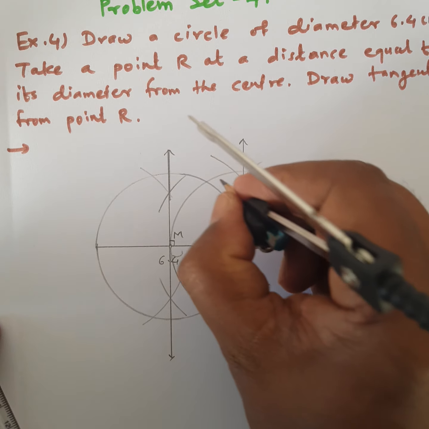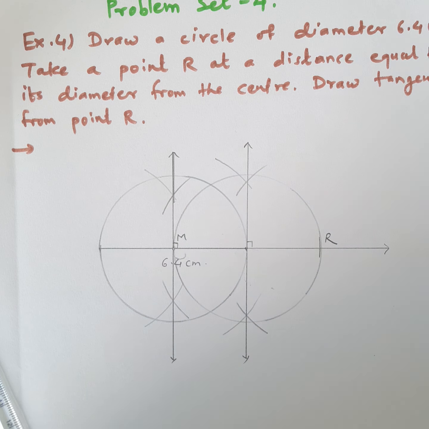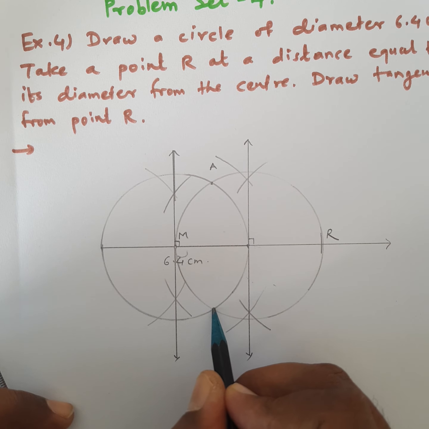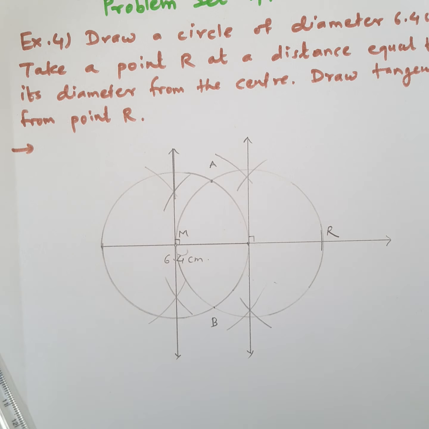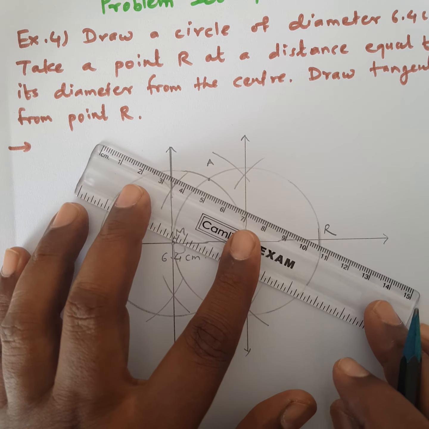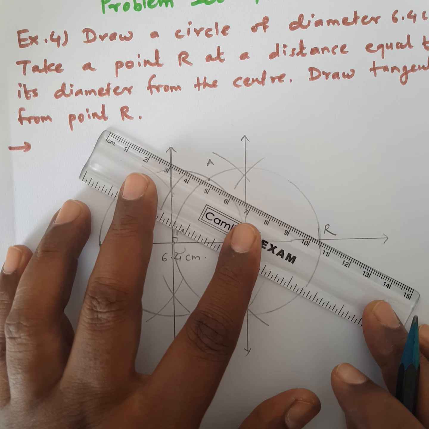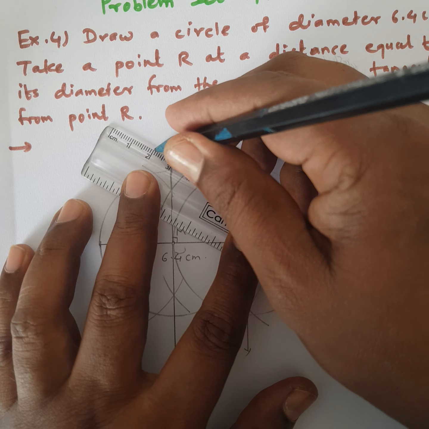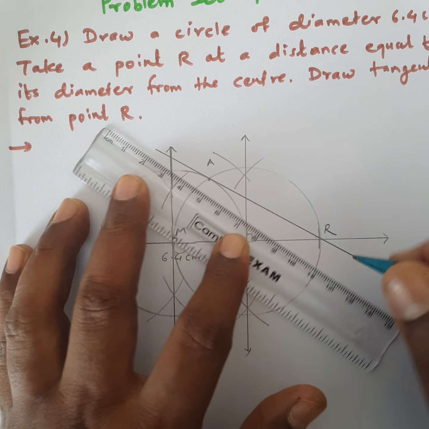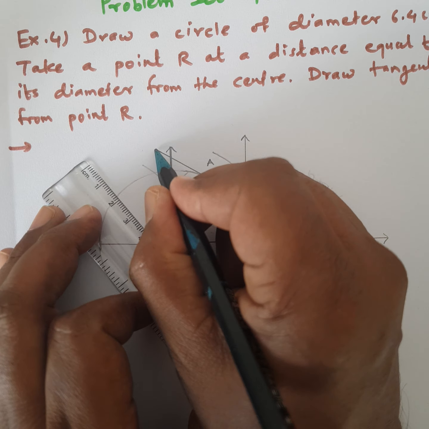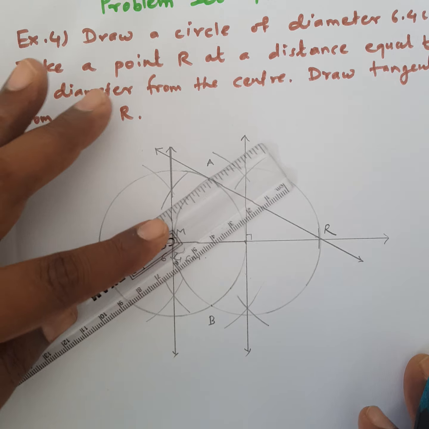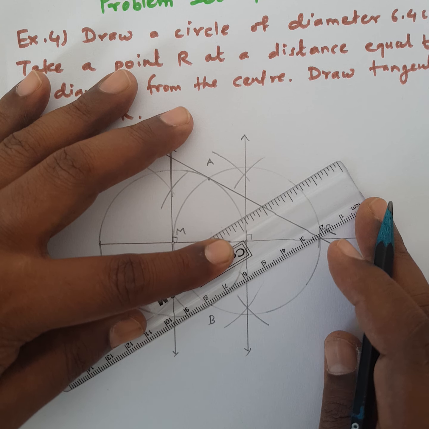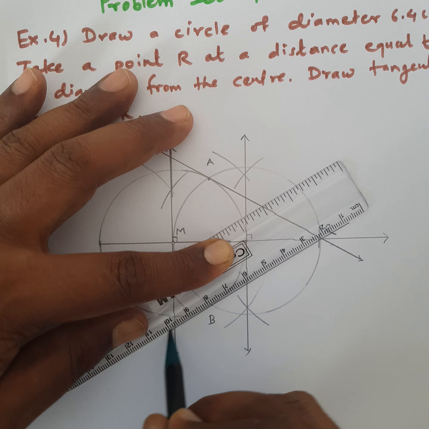Now if it touches the original circle at these points, suppose this is point A and this is point B, then draw the lines passing through point R and this intersecting point of the two circles, that is point A. Then it will be a tangent, one tangent, and another tangent through point B, like this.